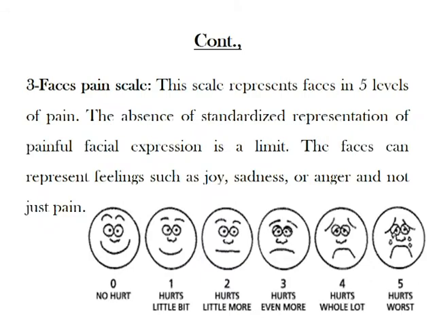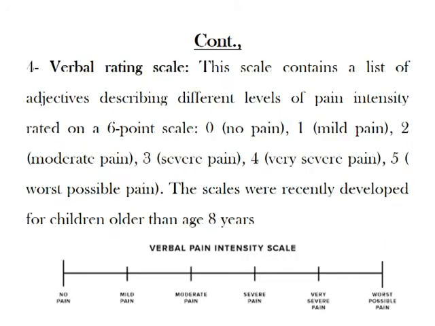Number 3, faces pain scale. This scale represents faces in 5 levels of pain. The absence of standardized representation of painful facial expression is a limit. The faces can represent feelings such as joy, sadness, or anger, and not just pain. Number 4, verbal rating scale.